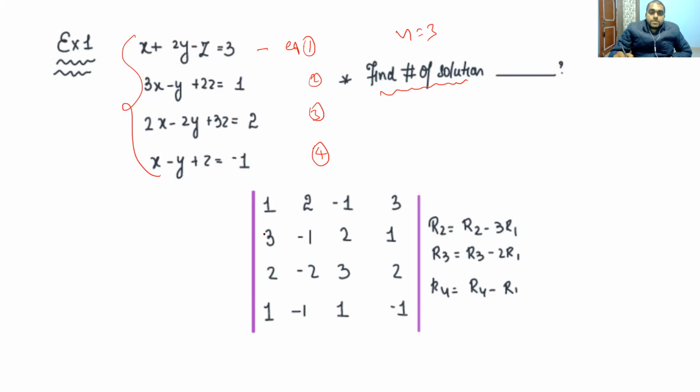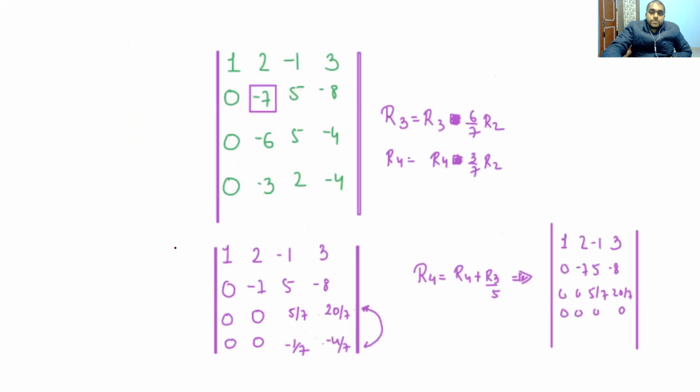There is a procedure. We have to make this matrix. This is the augmented matrix, which can be written as [A | B]. We have to do some elementary operations. After the elementary operations, we have achieved this.